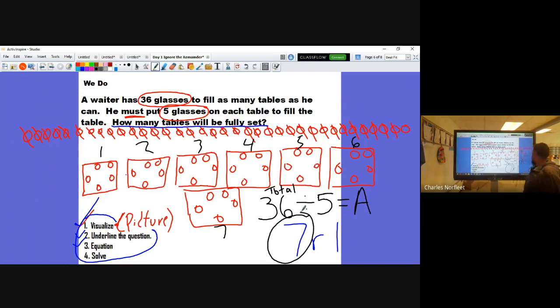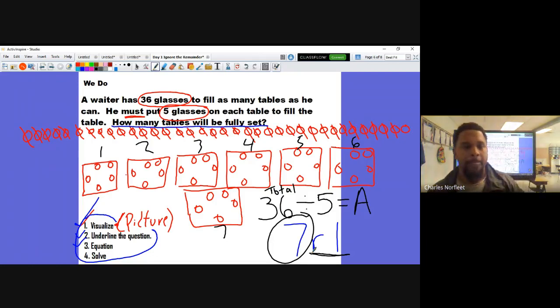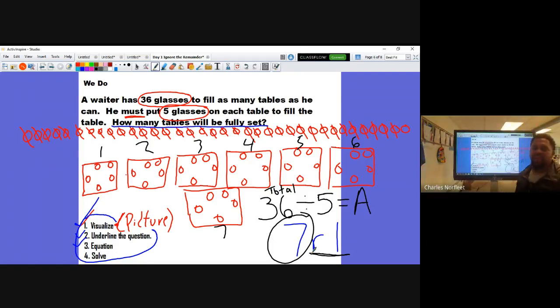Guess what? Look at that 7. And guess what else I have? Remainder 1. Where do you think that remainder 1 came from? Jamani, where do you think that remainder 1 came from?